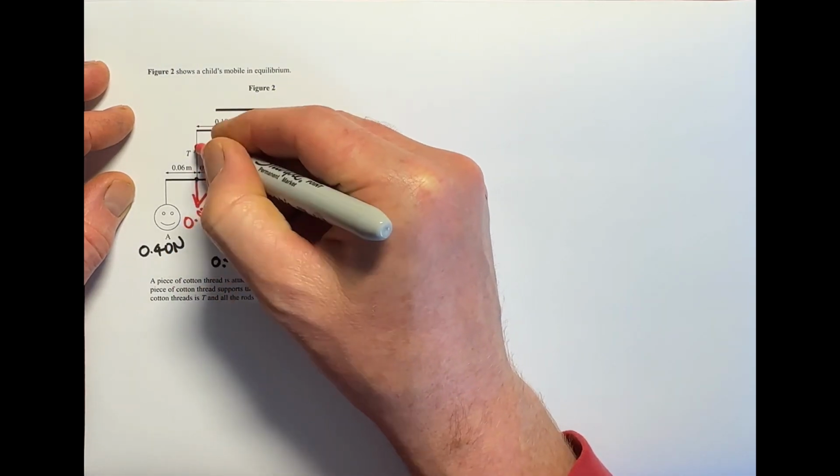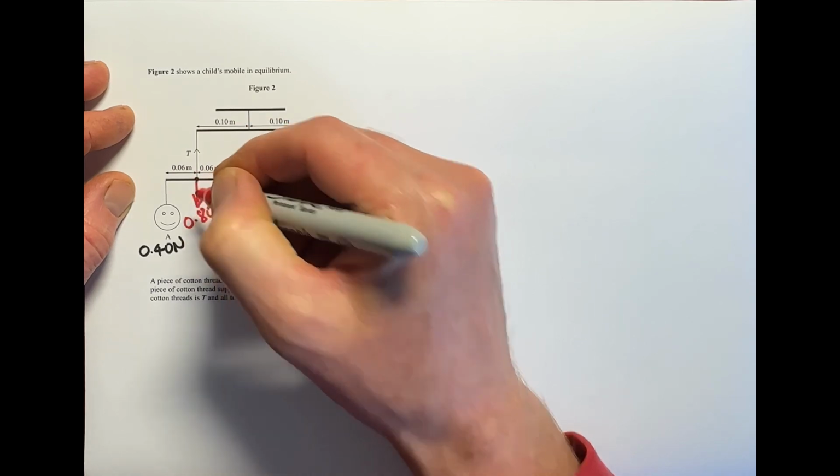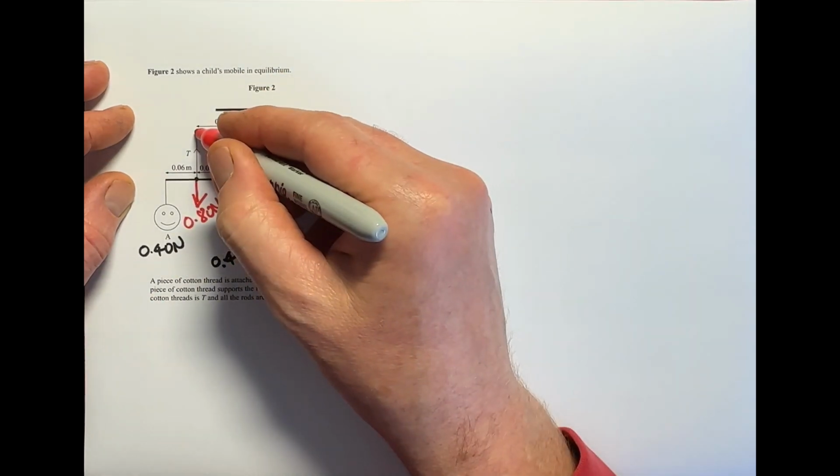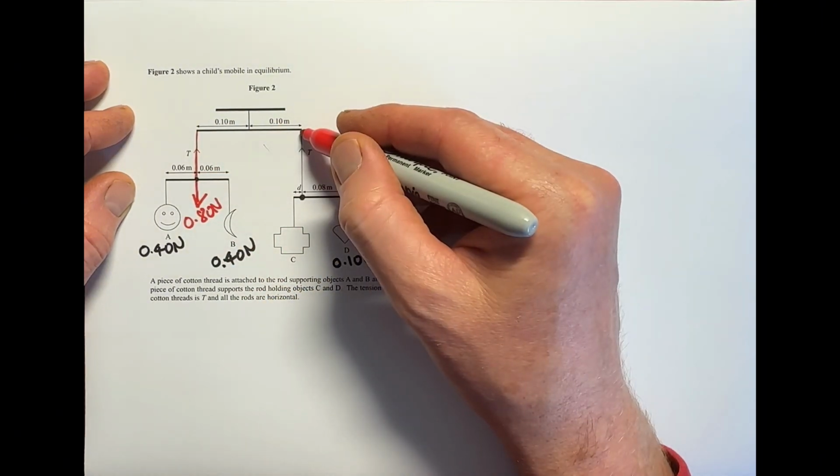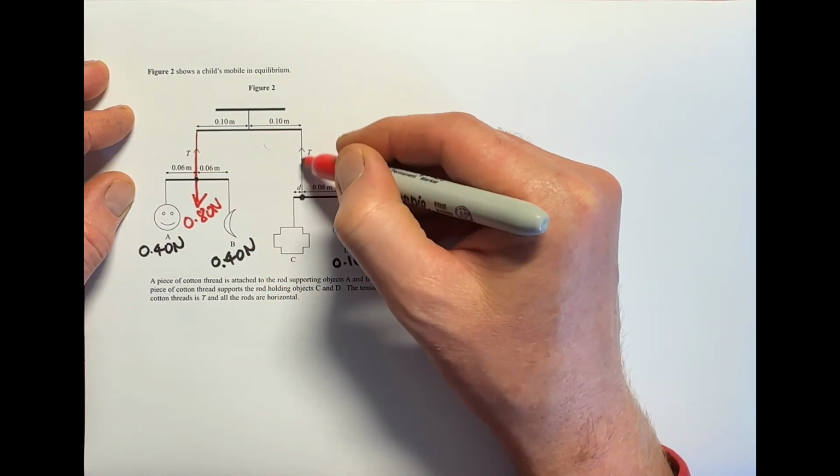So you've got a force of 0.8 newtons acting downwards from this point, and then you must have the same force acting downwards here.